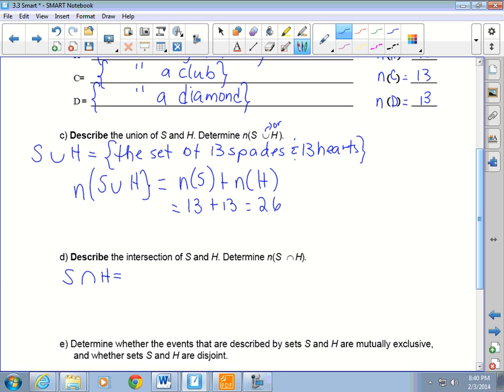So that's saying how many cards can you draw that are a spade and a heart. Remember, intersection means and. So that would be the empty set, because you can't draw a spade and a heart. So the number of elements in that intersection is 0.